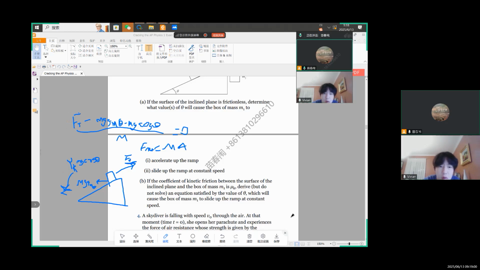Mu m g cos theta. You don't know FT, so it's better not to make a fraction form. Let's just write m1 a and leave it there.